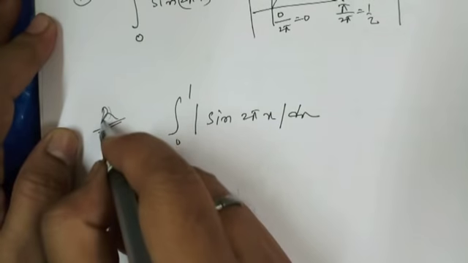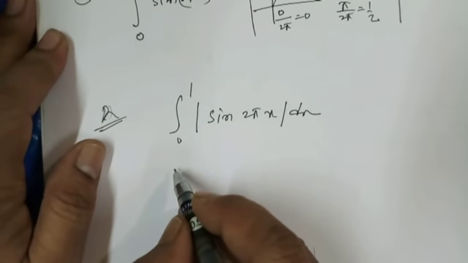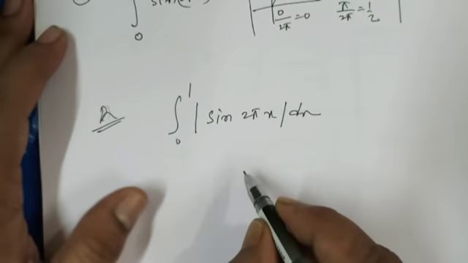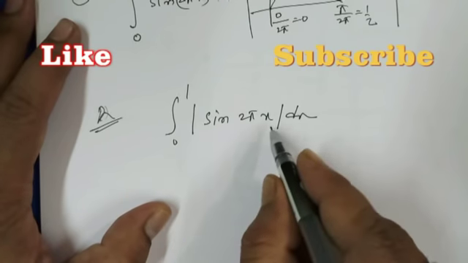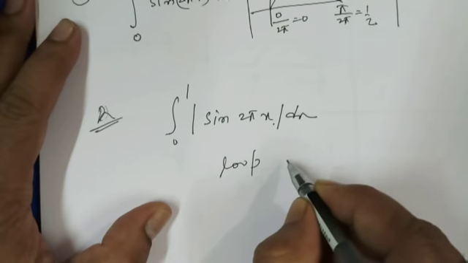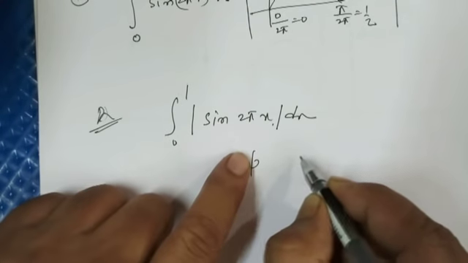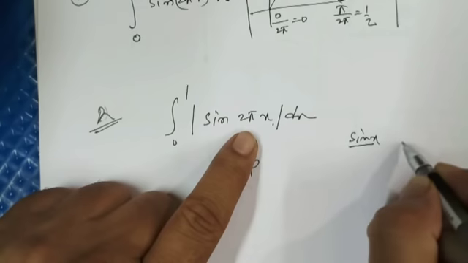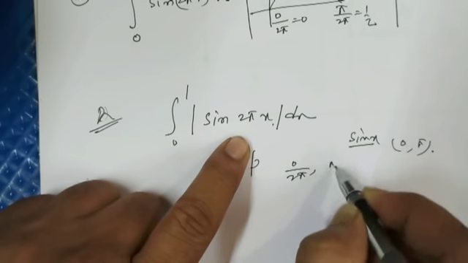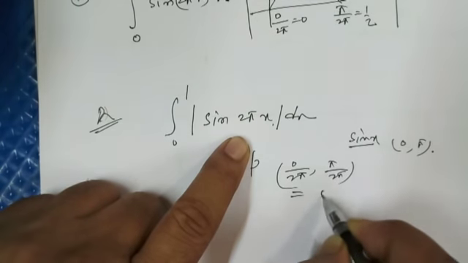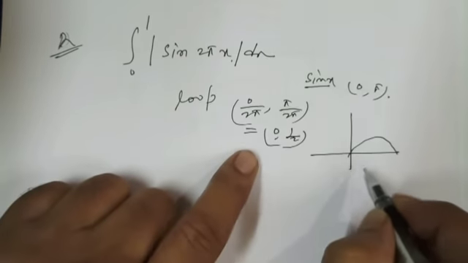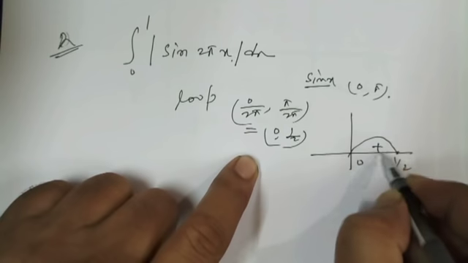You have already seen I have discussed about loops. So at least one loop of sin 2 pi x lies between 0 to half. You know the loop of sin x is in the interval 0 to pi. So the loop of sin 2 pi x is 0 to half, and this is positive.